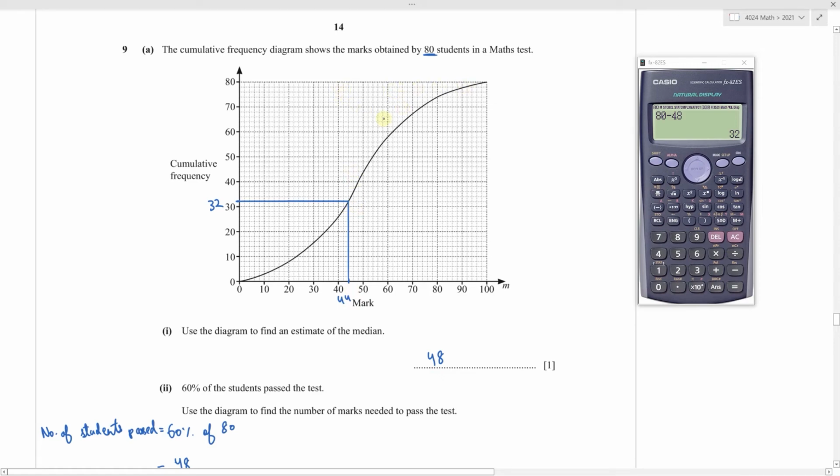So these are the 32 students who scored less than 44 and did not pass the exam. And these are the top 48 students who scored 44 or more and passed the exam. So your passing marks is 44.